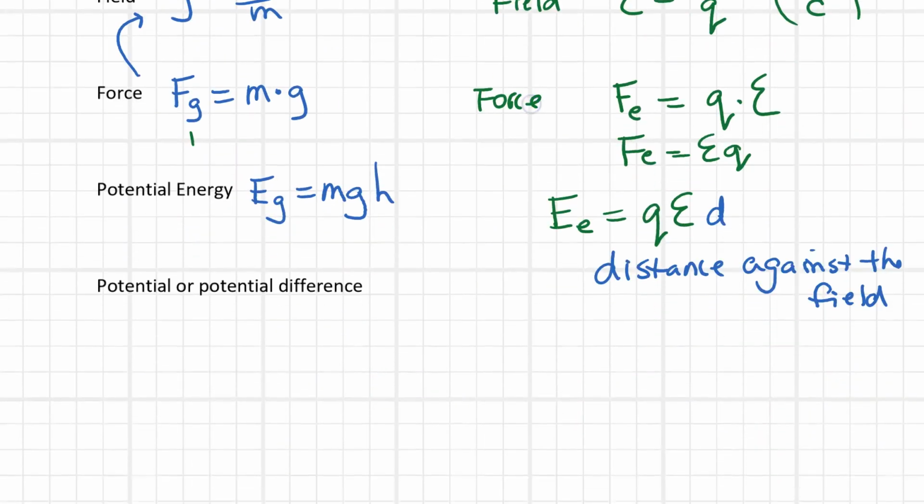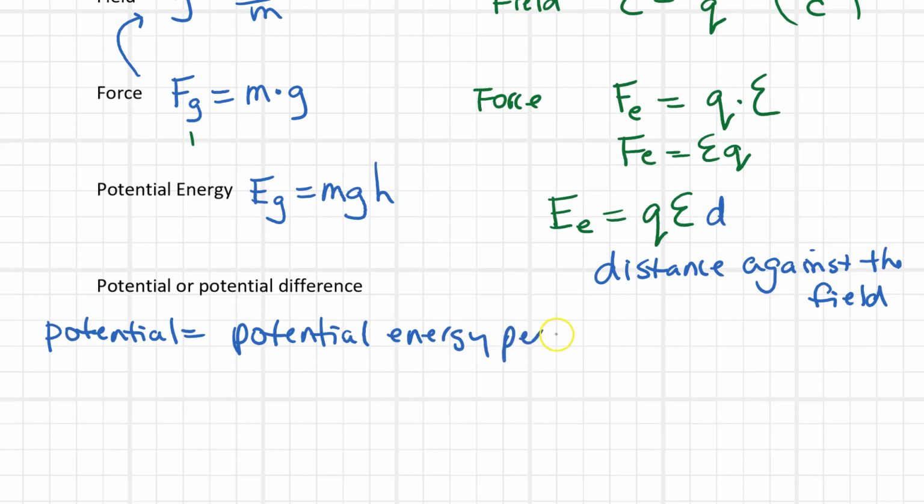Now, potential or potential difference, and I'm going to write this out. Another way to write this, we can say this is potential equals potential energy per mass. So this will make sense then. This is going to be equal to Eg over m.